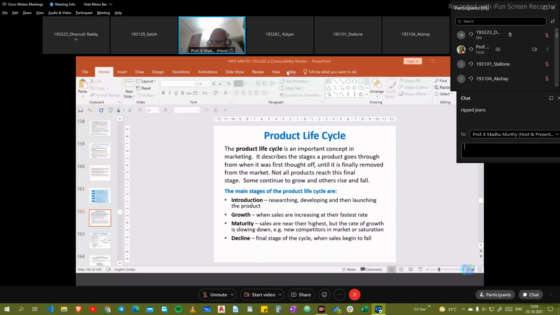And do you remember? Are you aware of a product called pager? Yes, sir. Used to have it. Before we had the mobile phones, pagers were launched in India.